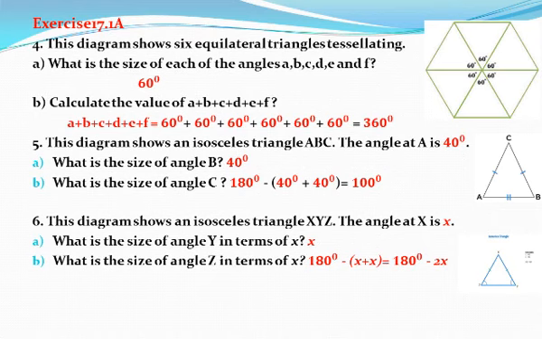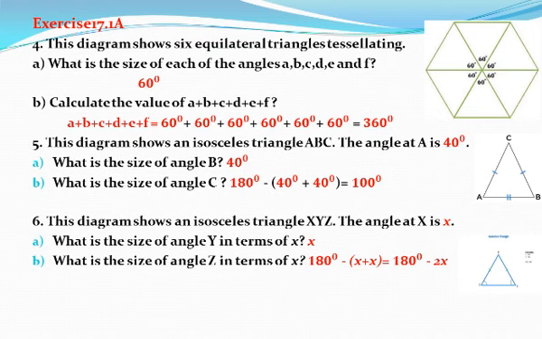What is the size of angle B? Angle A is 40 degrees, then angle B is 40 degrees. What is the size of angle C? The sum of angles of a triangle is 180 degrees. So to find angle C, 180 degrees minus 40 degrees plus 40 degrees. It's 100 degrees.